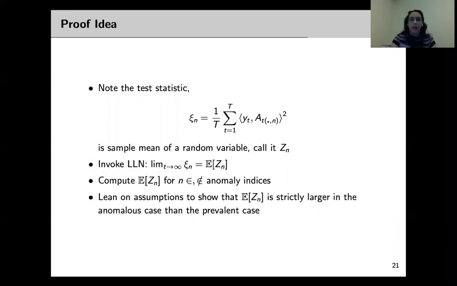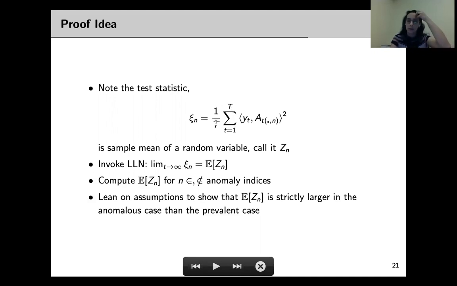Okay, so let's think about this test statistic again. Whenever we see this 1 over t and then summing from 1 to t, this should say to us, okay, average, right? We're averaging something. And so this is actually the sample mean of some random variable. So let's put this in a black box for now and call this random variable Z_n.